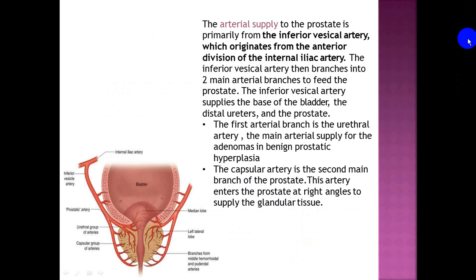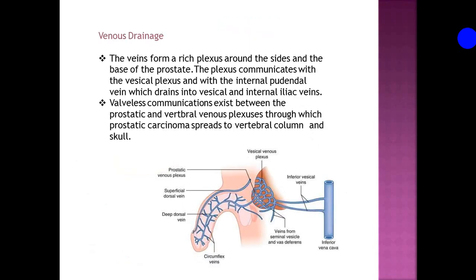This picture at the end of the slide shows the arterial supply to the prostate, which is primarily from the inferior vesical artery, which originates, as shown, from the anterior division of the internal iliac artery. While for the venous drainage, the veins form a rich plexus around the sides and the base of the prostate.